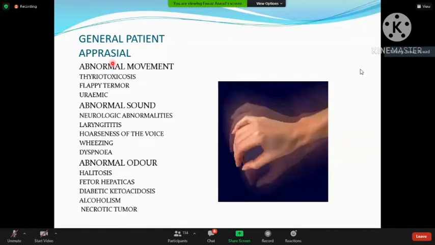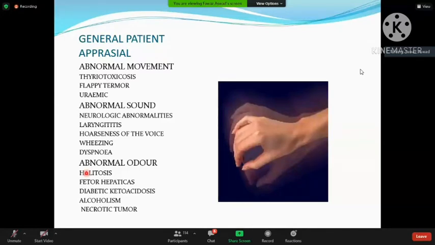After noticing the movement and the sound of the patient, the dentist sometimes during examination may smell abnormal odor. And here there are different causes. The first cause is halitosis, and as we will mention later in the future, halitosis has extra-oral causes and intra-oral causes.